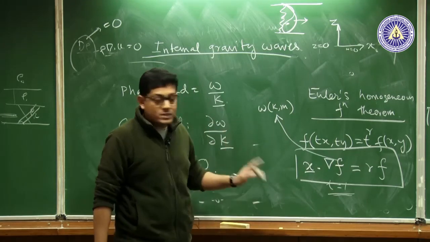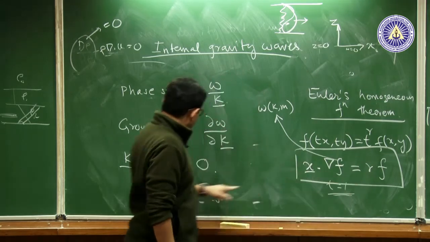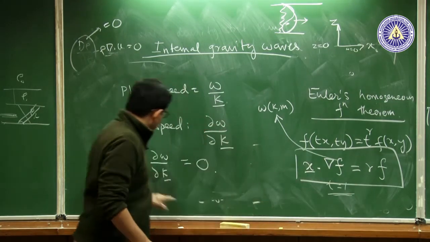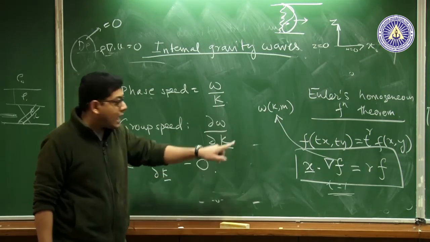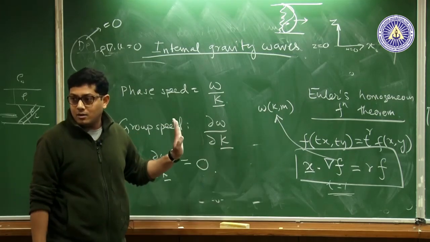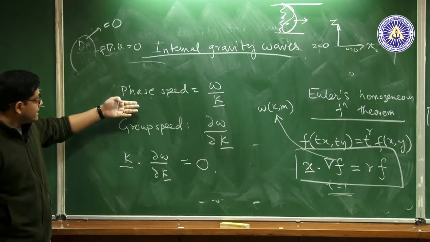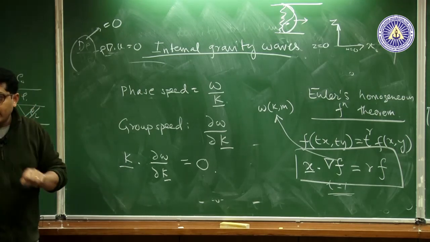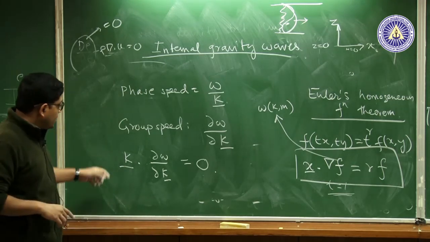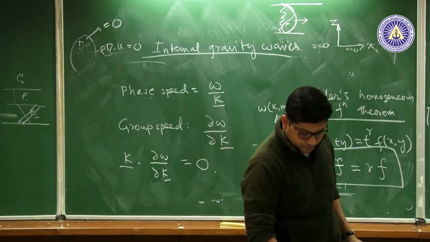All you need to prove is r equals 0, because x dot grad f, which is k dot del omega del k, has to be 0. So all you need to prove is r equals 0, done. Why k dot del omega del k? I said phase speed and group speed are perpendicular, because phase travels in the direction of k. That's why.